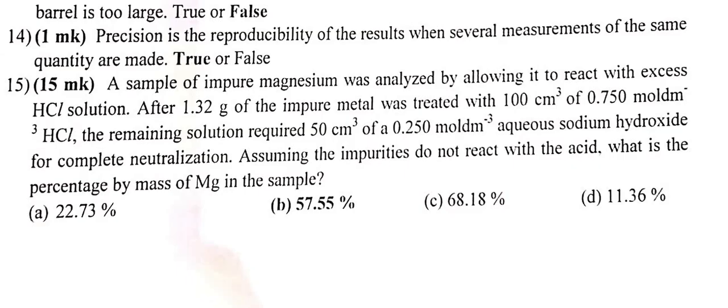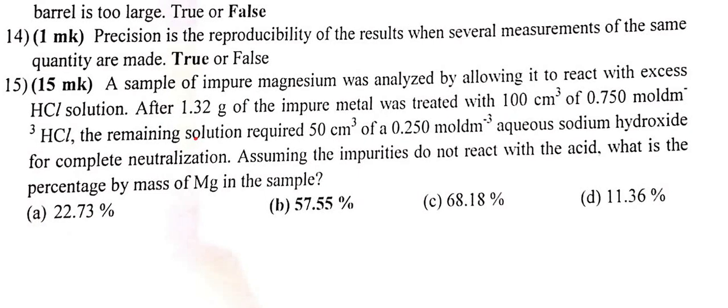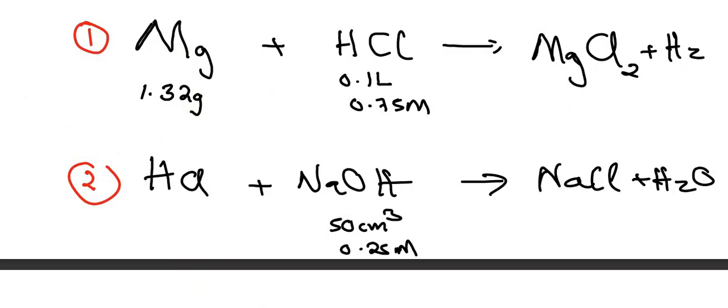HCl, because they said HCl was the one that was in excess. So meaning what remained after reacting with magnesium was dealt with. So the remaining solution required 50 cubic centimeters of 0.25 molarity aqueous sodium hydroxide for complete neutralization. For us to put a stop to this chemical reaction, we needed sodium hydroxide to finish off the HCl that remained from the first equation.